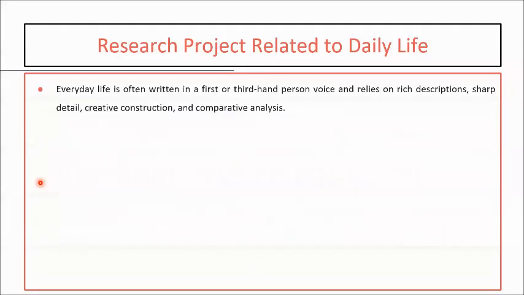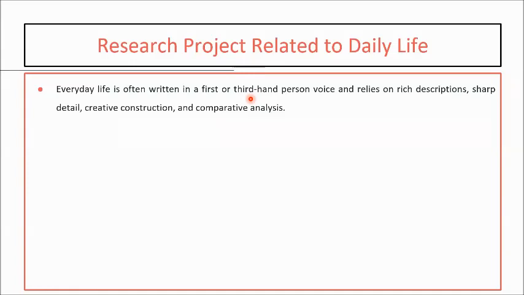Also, everyday life is often written in a first or third person voice and relies on rich descriptions, sharp detail, creative construction and comparative analysis. So when we see first-person voice, di ba kapag nagkukwento tayo, kung ano yung nangyayari, usually gumagamit tayo ng mga pronouns ng first person and third person, right?